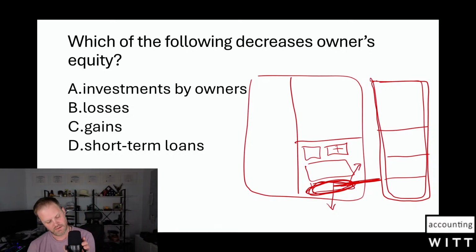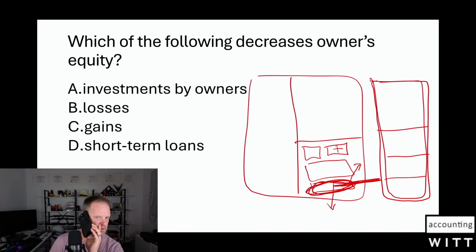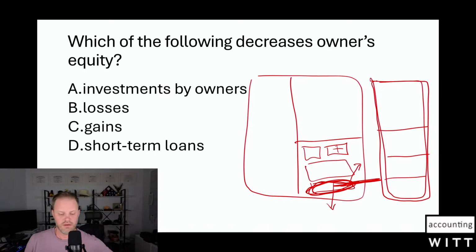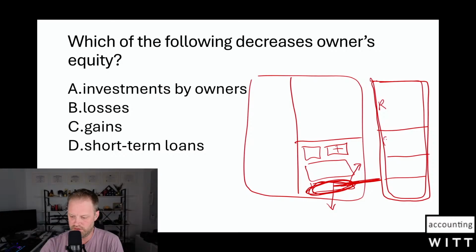Hold up. All right, so you think of this box as just revenues and expenses and gains and losses. Revenue, expense, gain, loss. So investment by owners, make it go up. Losses, make it go down.